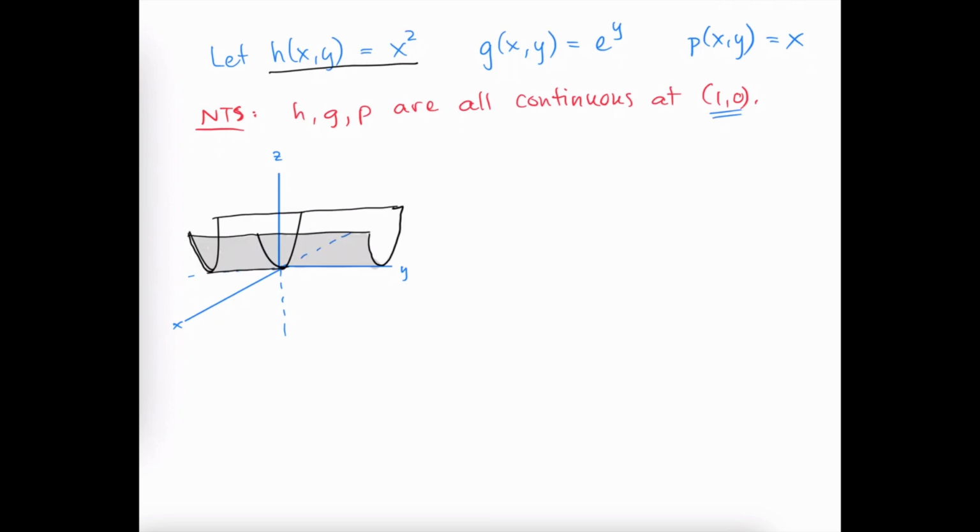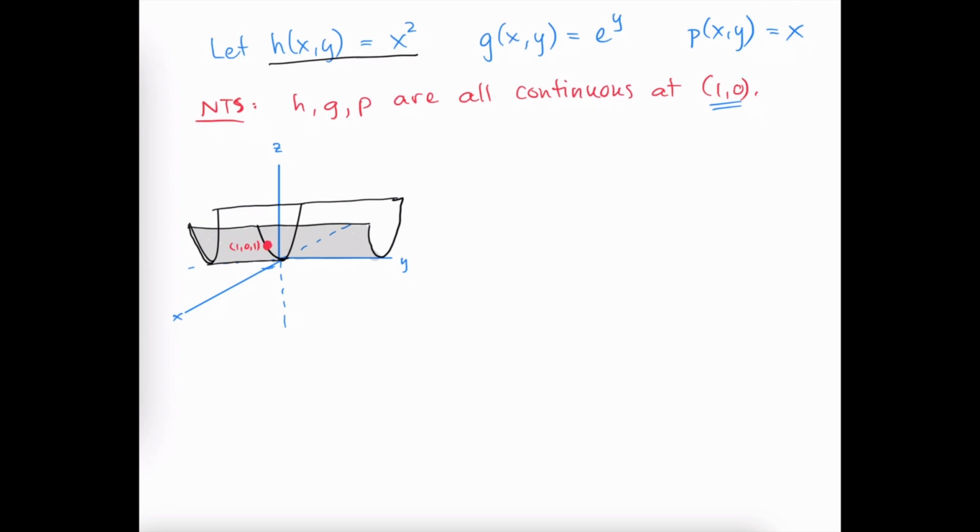So if we look at the ordered pair (1, 0) in the domain, that's 1 in the direction of x, 0 in the direction of y, and this ordered pair in the domain flies up to a point on the surface that is up here somewhere, the ordered triple (1, 0, 1), and we notice that at this point there are no gaps or holes or anything going on. The function values are approaching the same thing that the limit would be at that point. This does appear to be continuous at (1, 0), so we'll say check on that one.